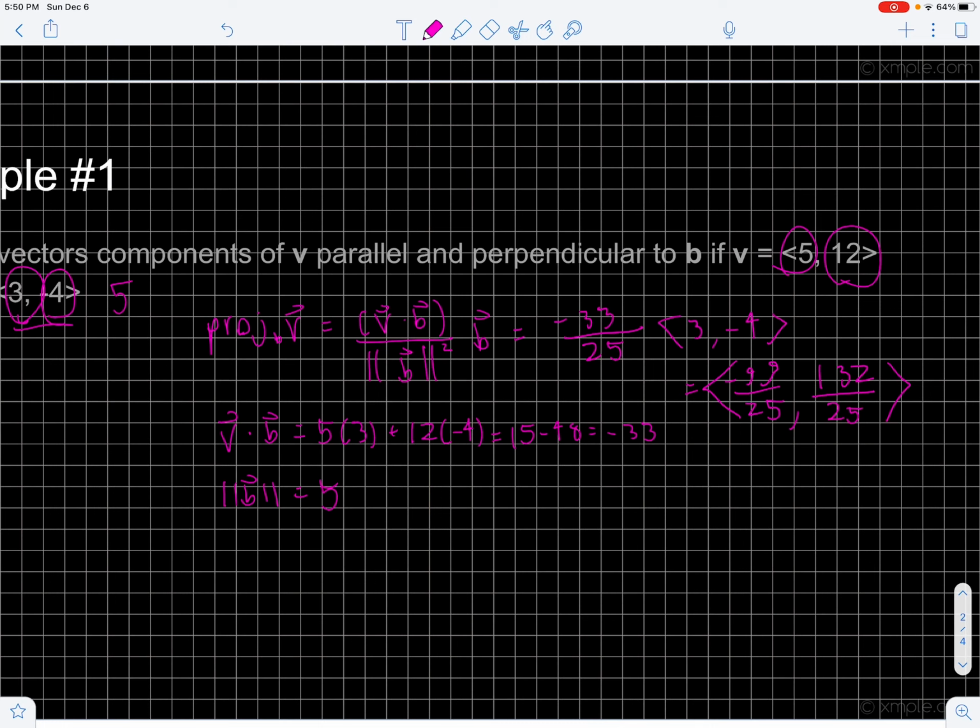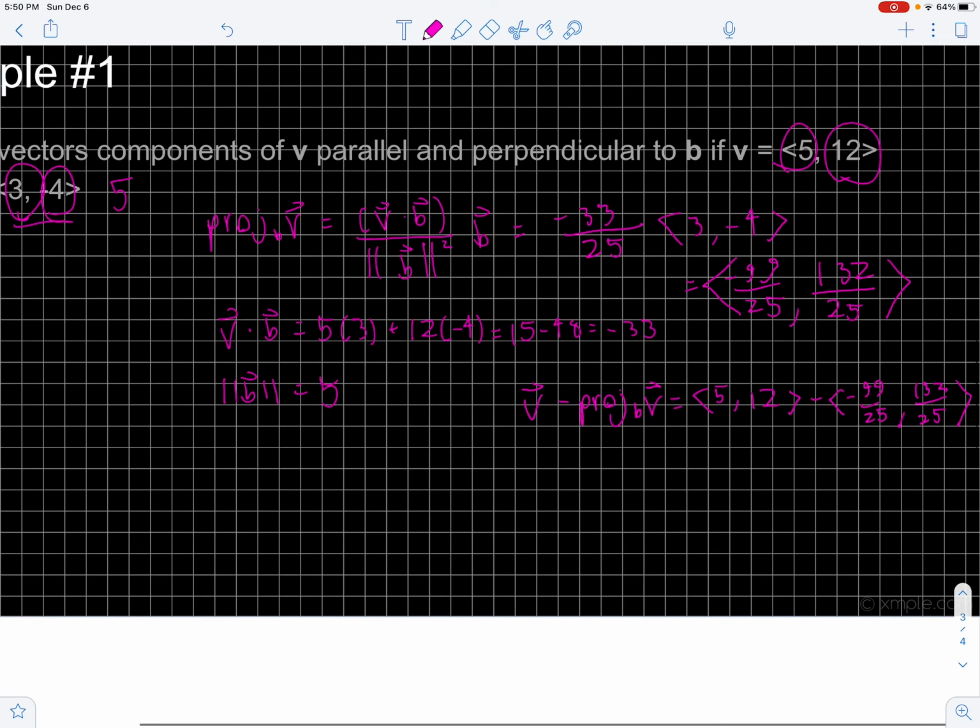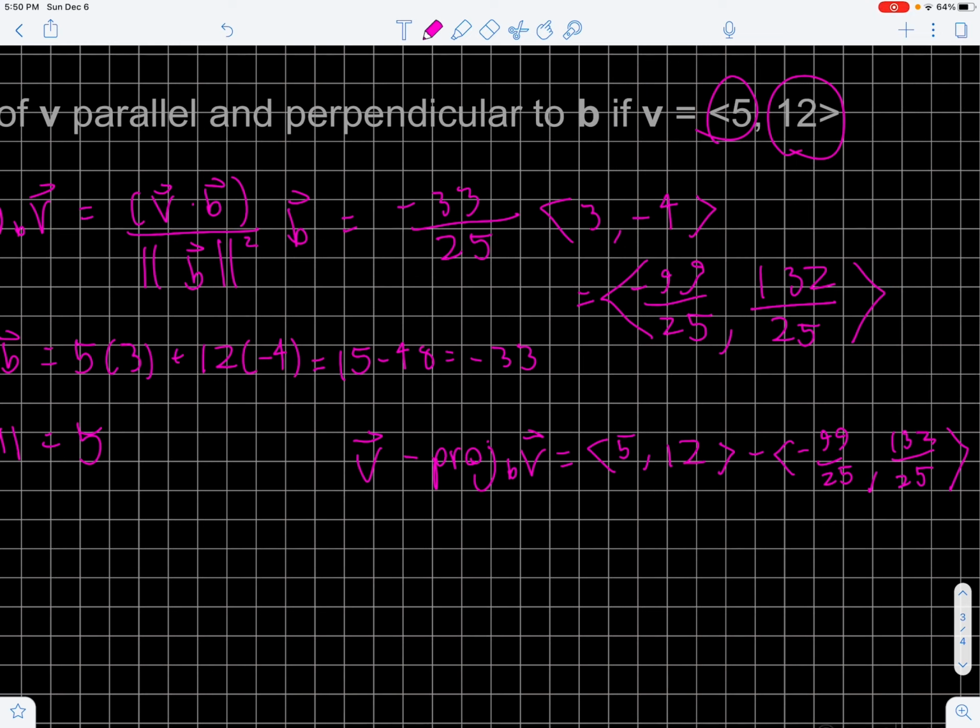Beautiful. And so then our perpendicular component is v minus the projection of v onto b, which is equal to (5, 12) minus (-99/25, 132/25), which gives us 5 plus 99 over 25.